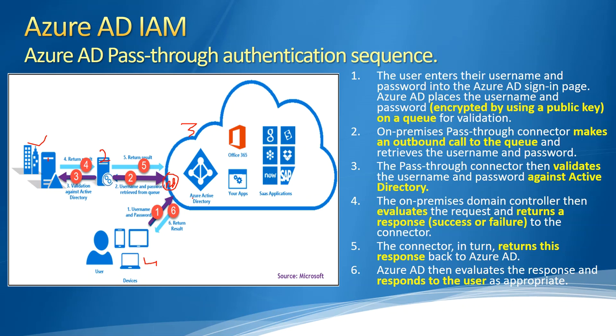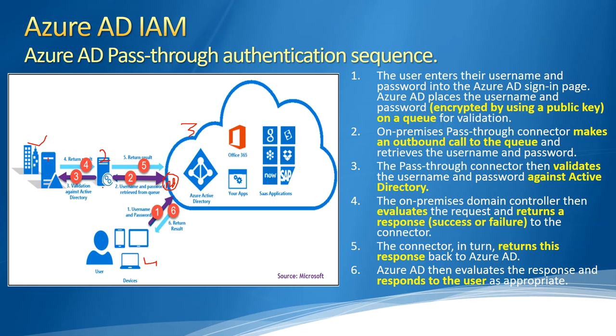So it's not plain text. Azure AD is going to make use of a public key and private key to encrypt that username and password, and then put it in the authentication queue. After that, Azure AD's job is not yet done, but Azure AD has at least offloaded its authentication task to the authentication queue, which is sitting in the cloud.